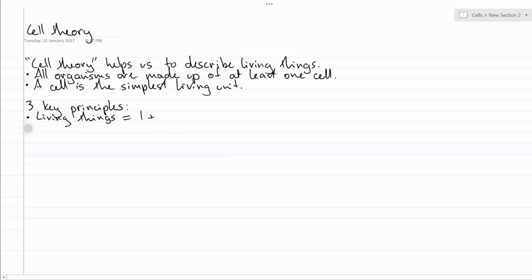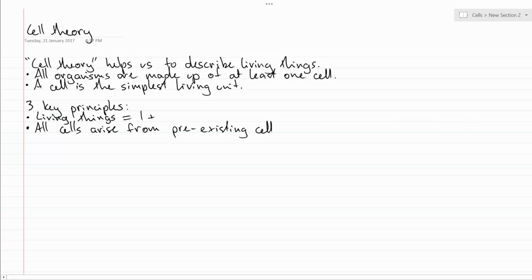Secondly, all cells, not living things, all cells arise or come from pre-existing cells.